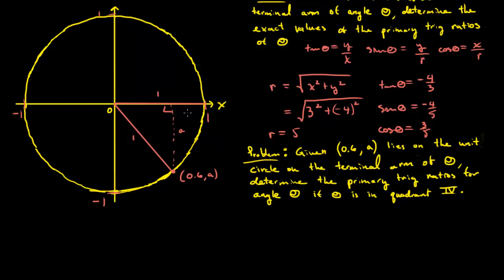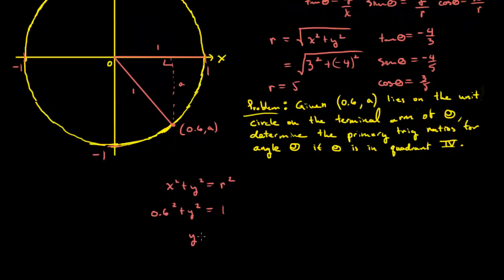I can solve for a using the Pythagorean theorem. I know that x squared plus y squared has to be equal to r squared, and I know that r is equal to 1. x is 0.6. So I have that 0.6 squared plus y squared is equal to 1 squared. I can solve this equation.